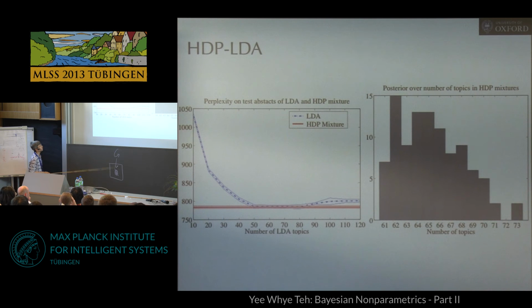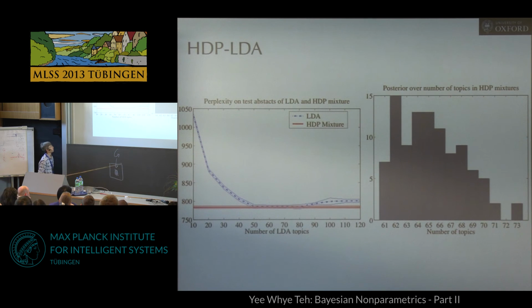So we do a model selection for LDA. We try LDA on 10 topics, 20 topics, up until 120 topics, and we see that the task performance improves as we increase the number of topics, and then starts getting worse again.